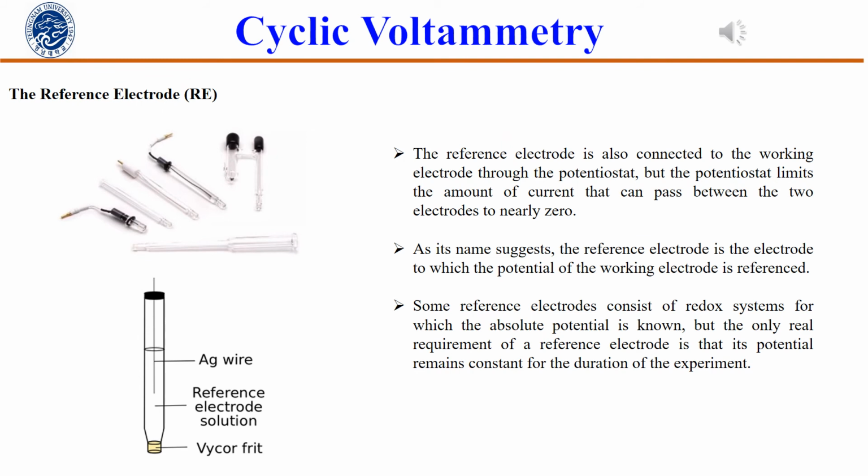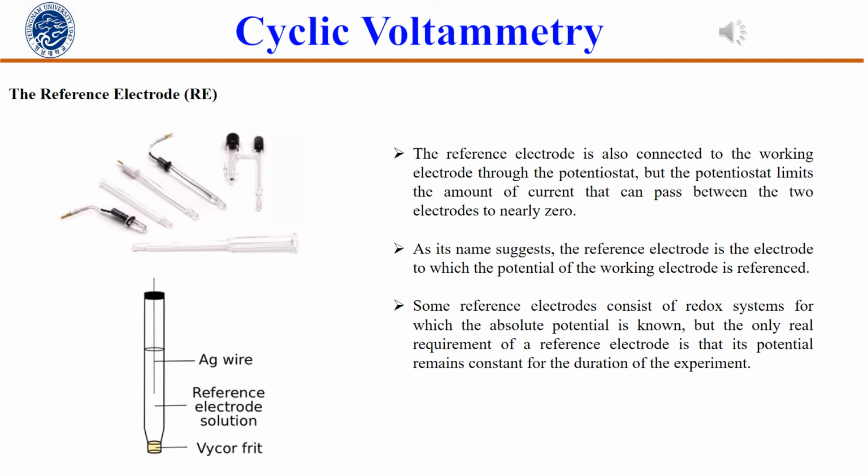The third electrode is the reference electrode. The reference electrode is also connected to the working electrode through the potentiostat, but the potentiostat limits the amount of current that can pass between the two electrodes to nearly zero. As its name suggests, the reference electrode is the electrode to which the potential of the working electrode is referenced.